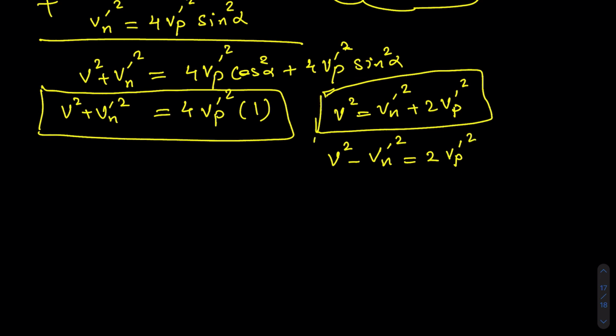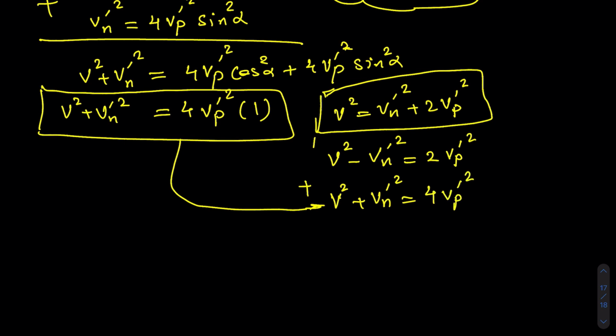So now see these two equations. Okay, here we go. We can add them up. So let's add this one with this equation. I will write it right below here. V to the power of 2 or v squared plus v nucleus prime squared is equal to 4 times vp prime squared.